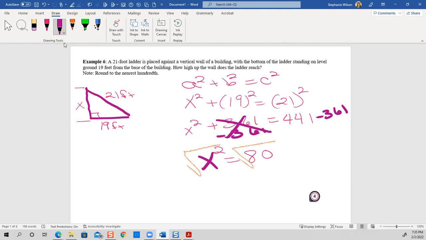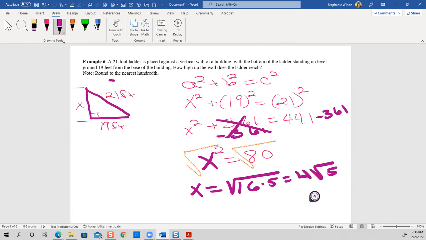So X is equal to the square root of 80, which doesn't give me the exact answer, but let's say it this way: since 80 ends in 0, divided by 5, I get the square root of 16 times 5, which gives me 4 square root of 5.